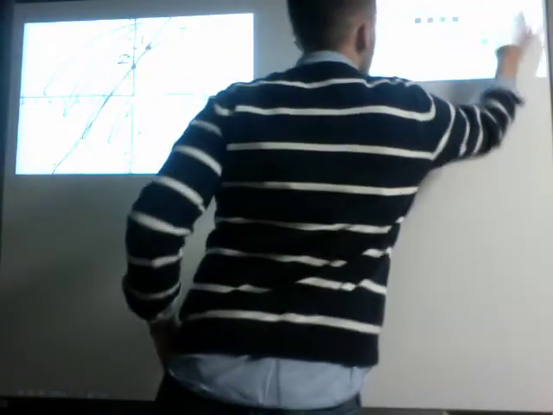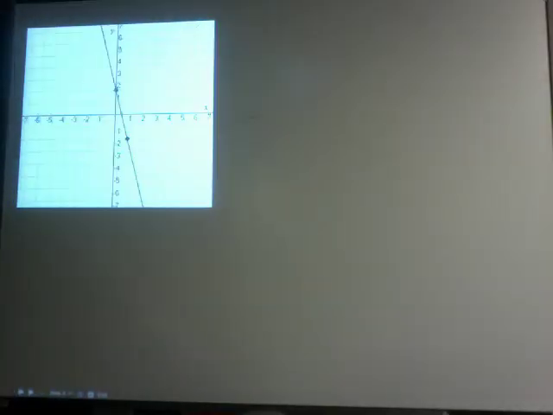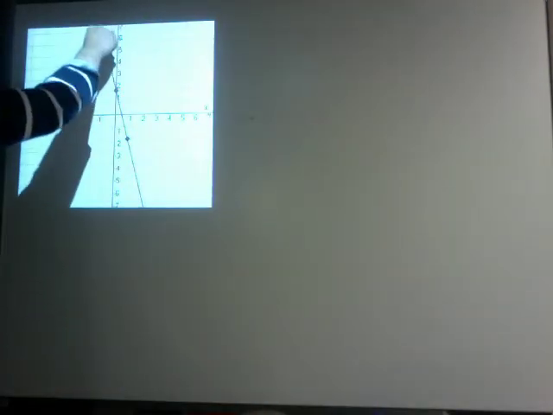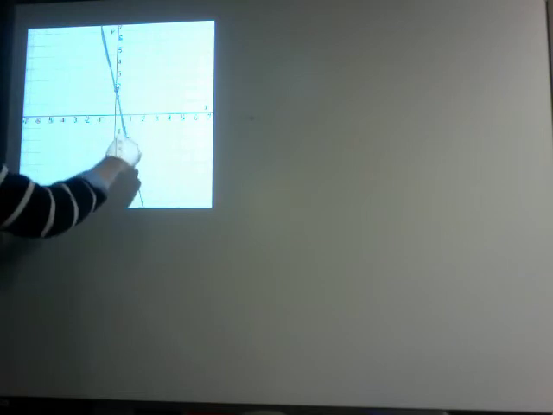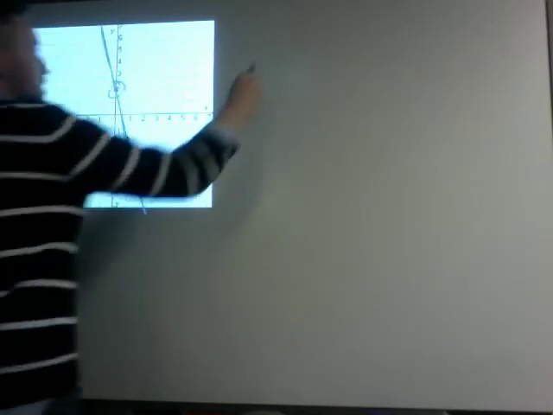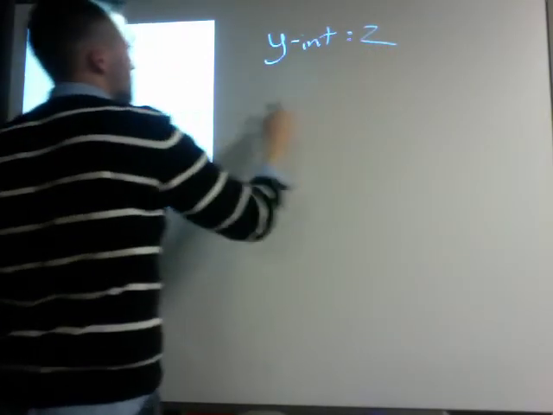One more. This is a negative line. It goes down from left to right. Where's this negative line, which is going to have a negative slope, cross the y-axis? What's our y-intercept? It's 2.